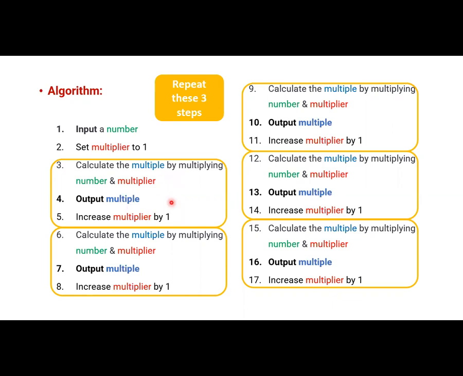This is okay for now because we have to find only 5 multiples. But just think if we had to find the first hundred or first thousand multiples, it would not be easy.